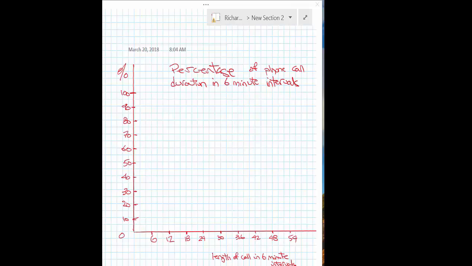So I am going to draw that here on my histogram. 30%. I'm going to shade that in.